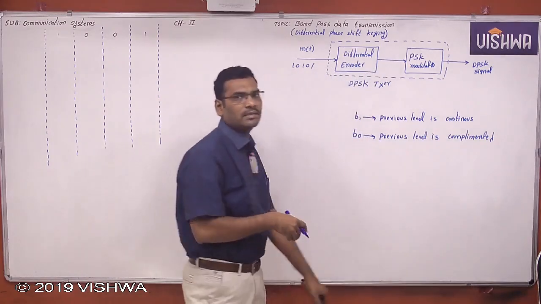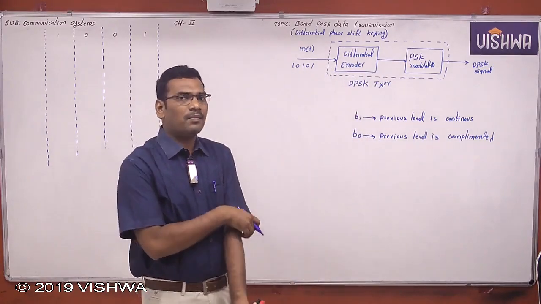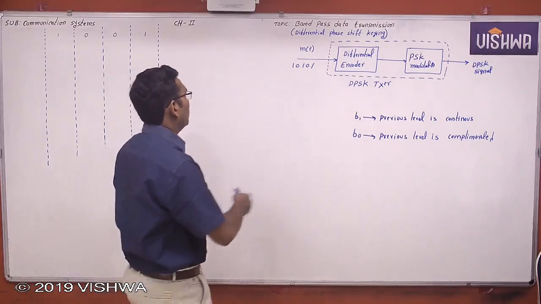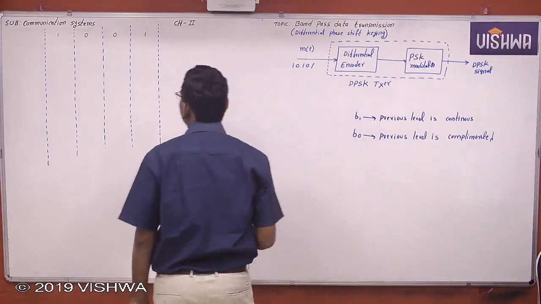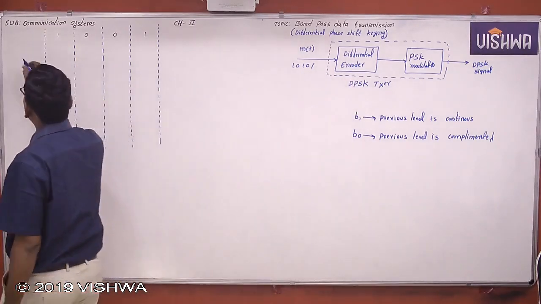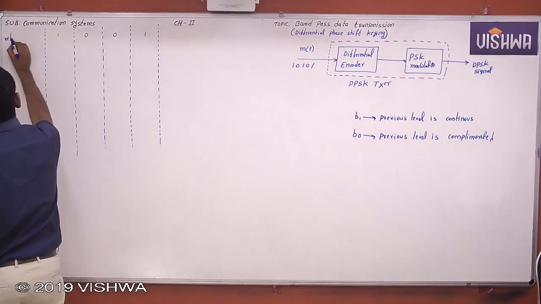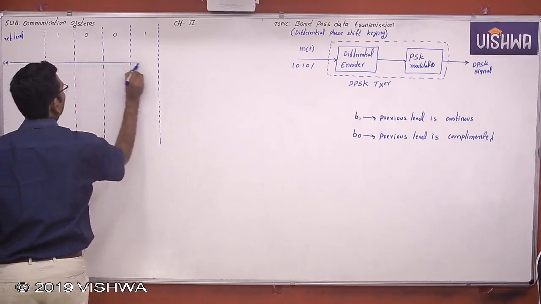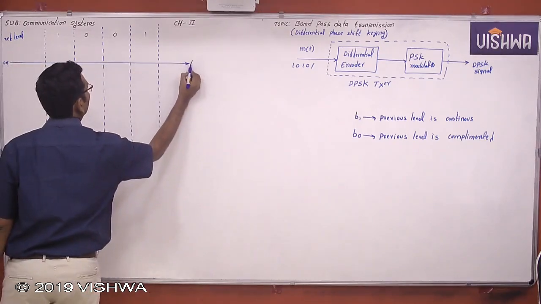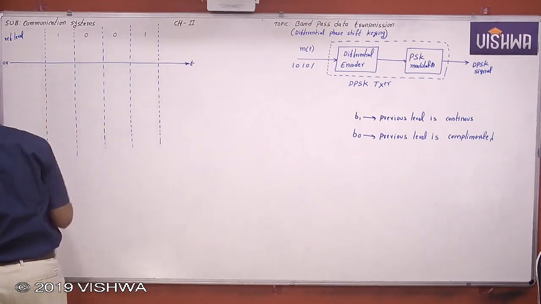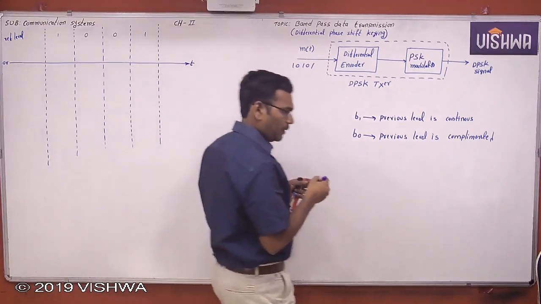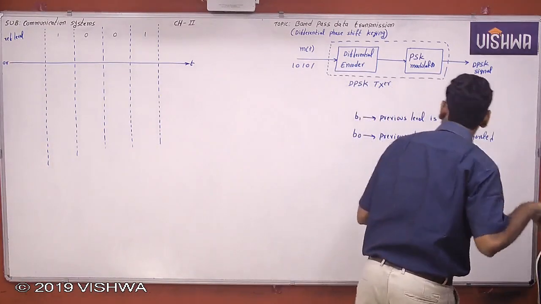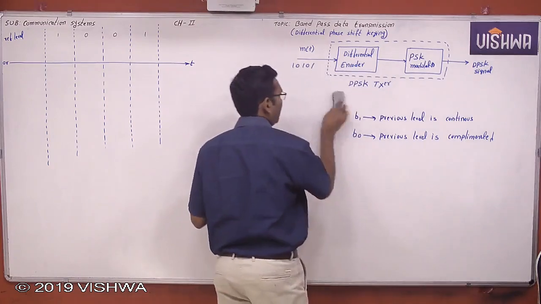Now we will design a circuit showing the electrical representation of the encoder output. This is the binary data. Assume the reference or previous level is 0 volts. For binary 1, the previous level continues.